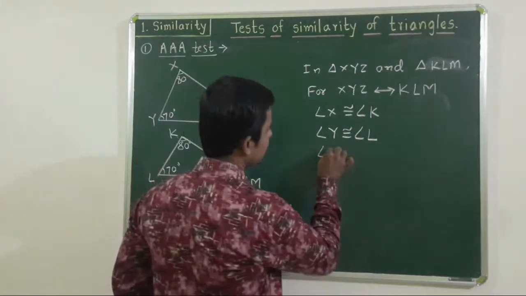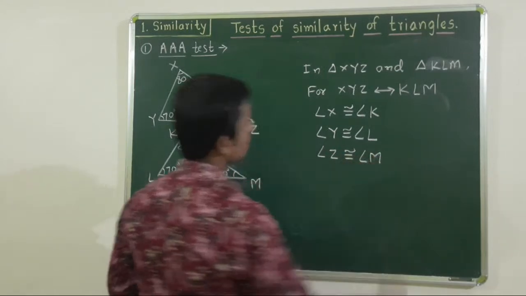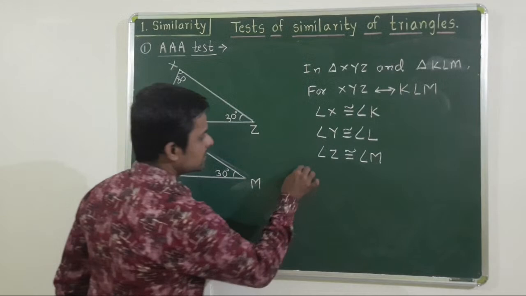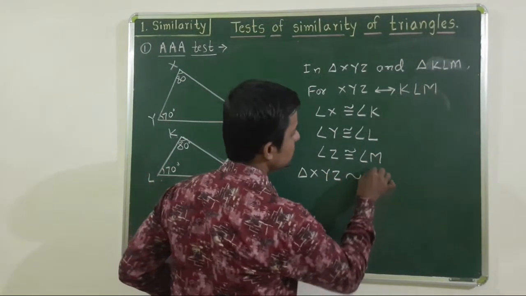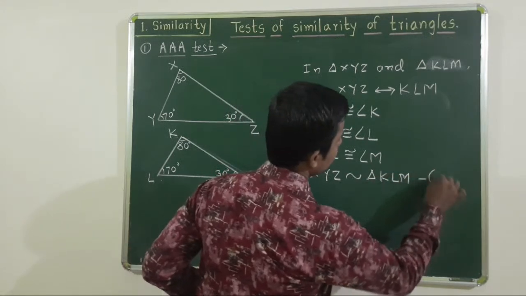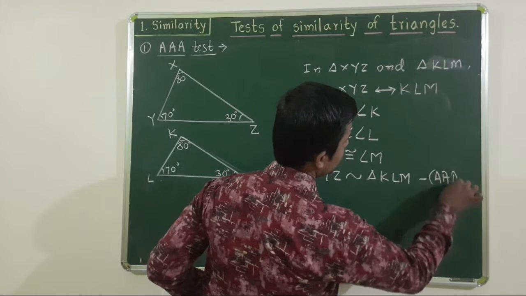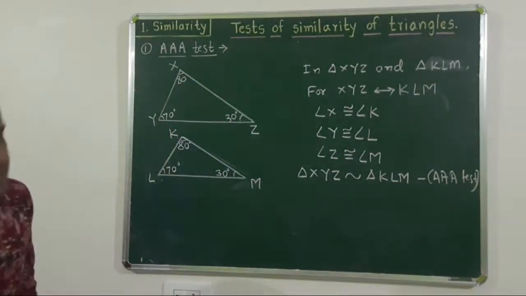Therefore, angle Z is congruent to angle M. Hence, triangle XYZ is similar to triangle KLM by the AAA test.